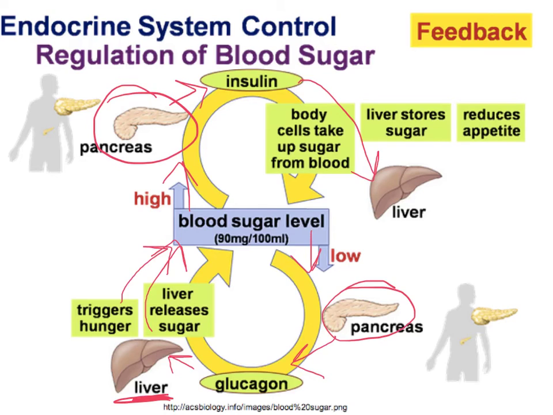One effector is the liver, which would then do the opposite, which will store sugar, take it out of the blood, which will then decrease the blood sugar. It'll also reduce our appetite, which will hopefully prevent us from getting a meal, and then eventually our blood sugar levels will drop. Other effectors like body cells might take sugar out of the blood, which will decrease the blood sugar levels.